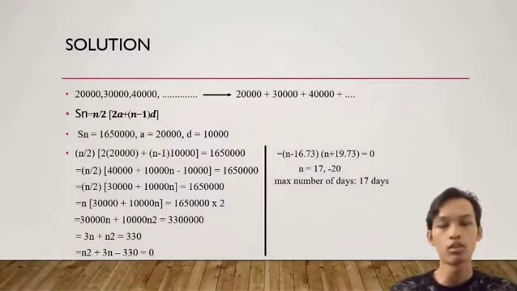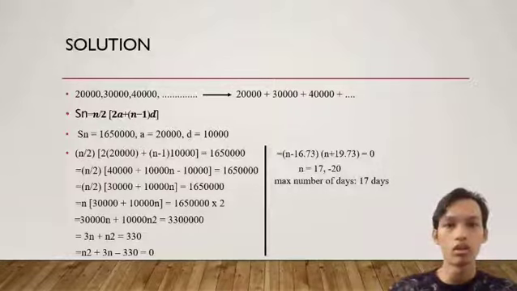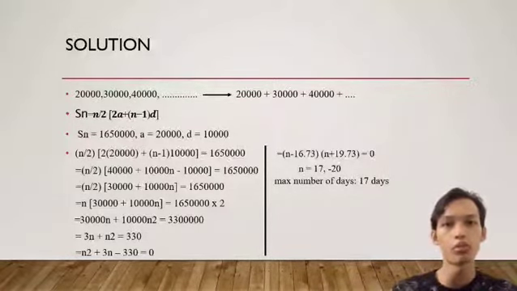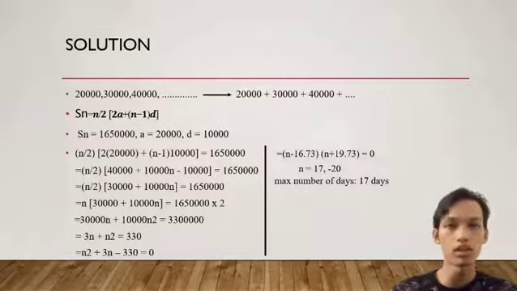For the solution of the first case. Firstly, we have to write the fee quantity paid by the construction corporation from the first day as a sequence, and that will be 20,000 ringgit for the first day, 30,000 ringgit for the second day, 40,000 ringgit for the third day, and so on.